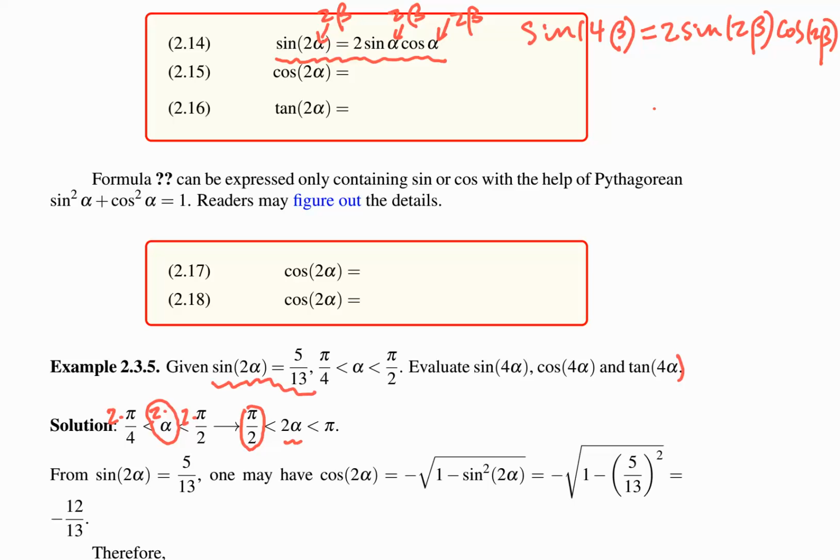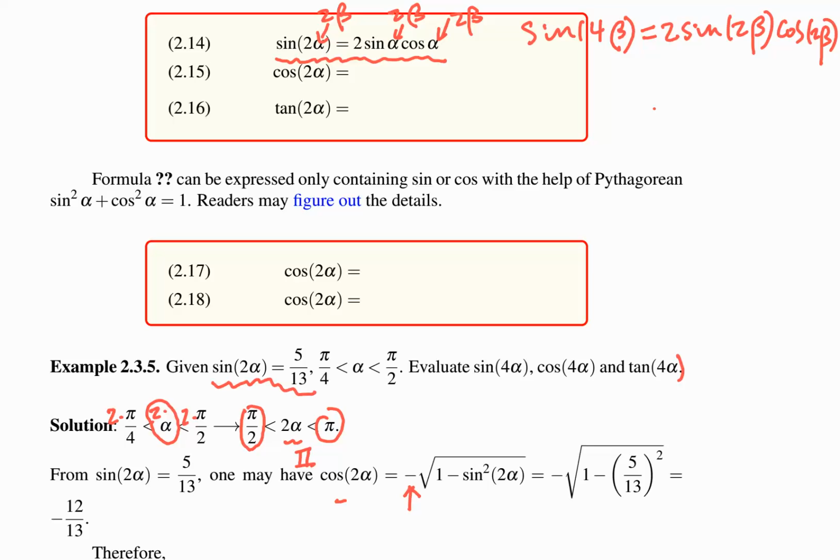These 2 cancel, denominator 2, we have a pi. So 2 alpha will be between 90 degrees and 180 degrees, which tells us 2 alpha is in quadrant 2, and then cosine 2 alpha will be negative. That's how we have a negative here.